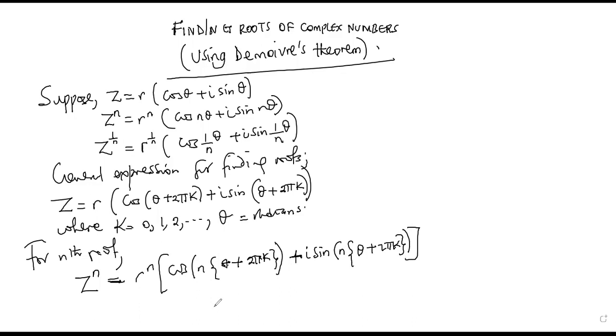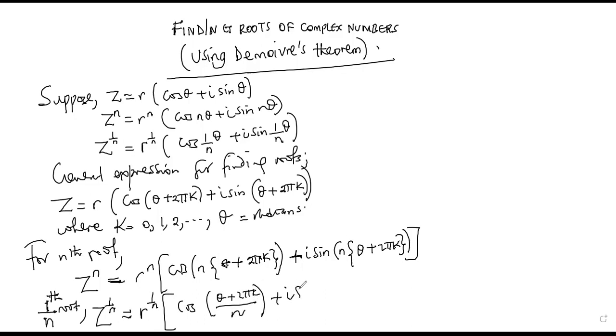Meaning that for the 1 over nth root, z to the power 1 over n equals r to the power 1 over n, cos of theta plus 2 pi k over n, plus i sine of theta plus 2 pi k over n.